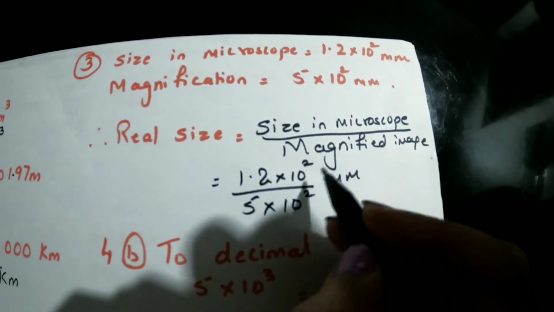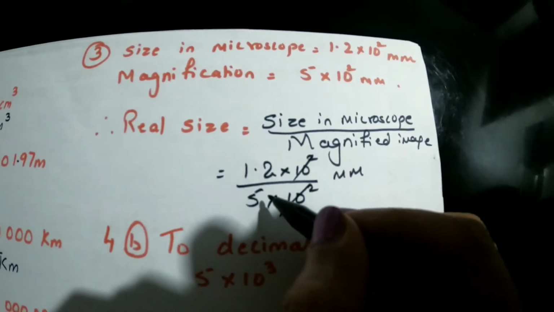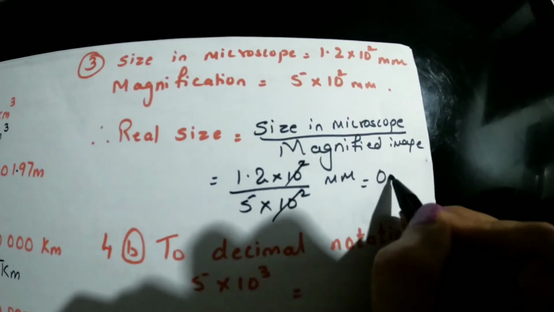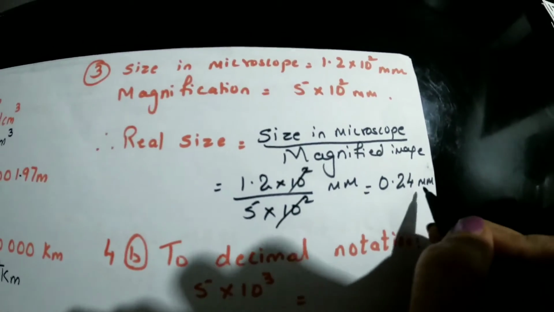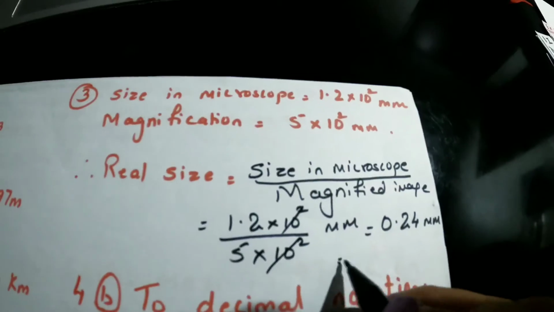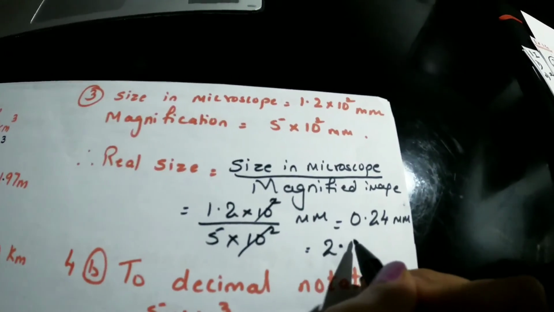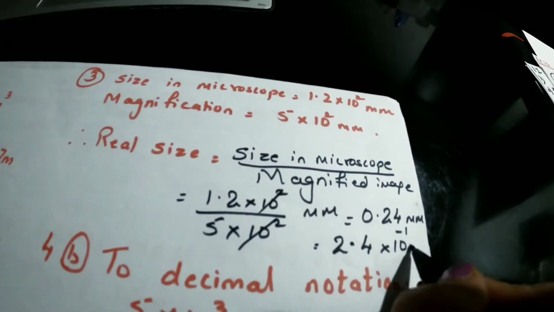Now 10 raised to 2 in the numerator and denominator you can straight away cancel. 1.2 over 5 gives me 0.24 millimeter. Now 0.24 in standard form I can also write by shifting the decimal, so this becomes 2.4 into 10 raised to minus 1 millimeter.